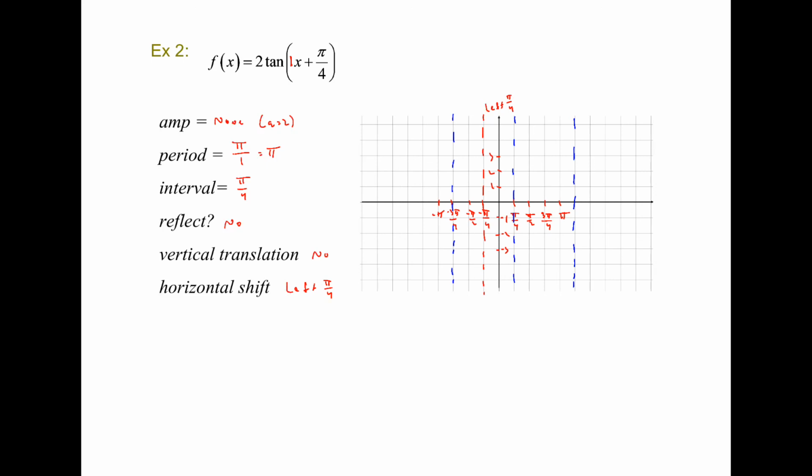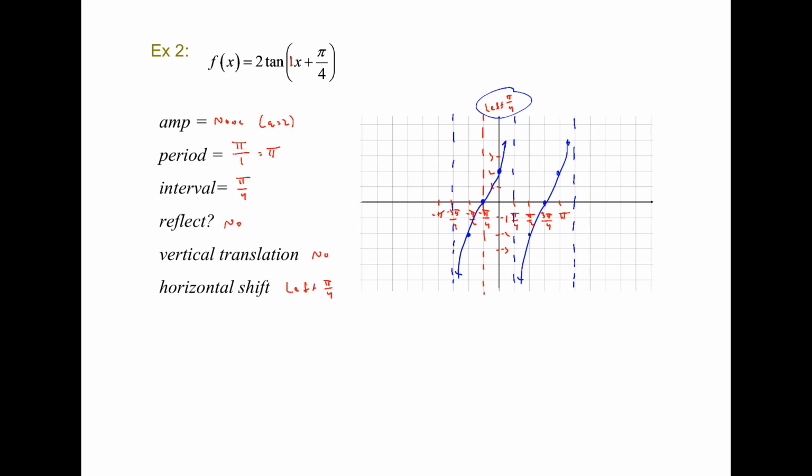We didn't shift it up or down, so we'll have one in the middle, and it is increasing because no reflection, and it is the a value of 2, so it will get stretched vertically by 2, and we can do one more period where the graph is increasing. So the graph will look something like this. And there you go, and that's the tangent graph with a horizontal shift as well. So you can see the way I indicated that wasn't a vertical asymptote, that it represented that shift in the graph.